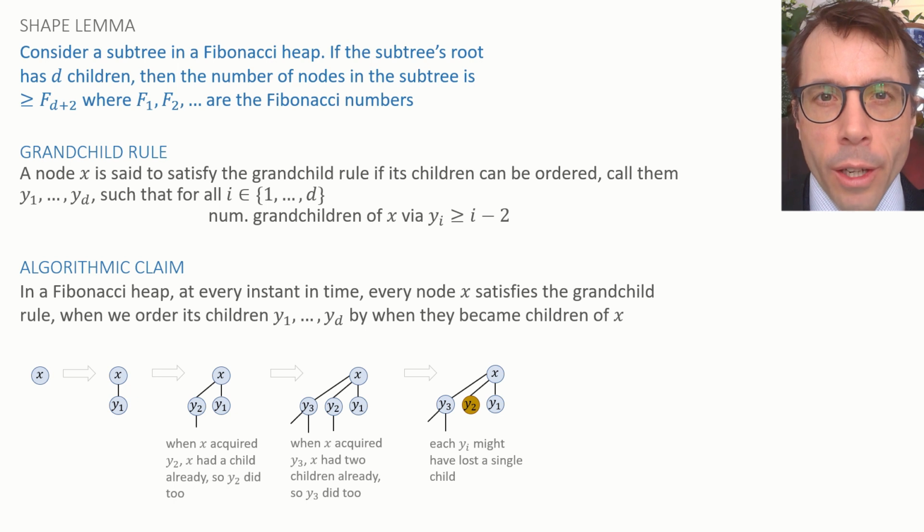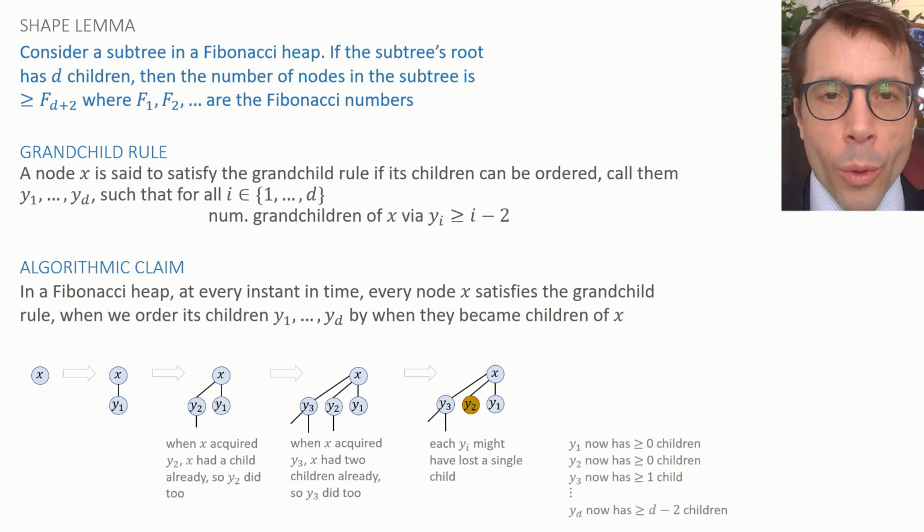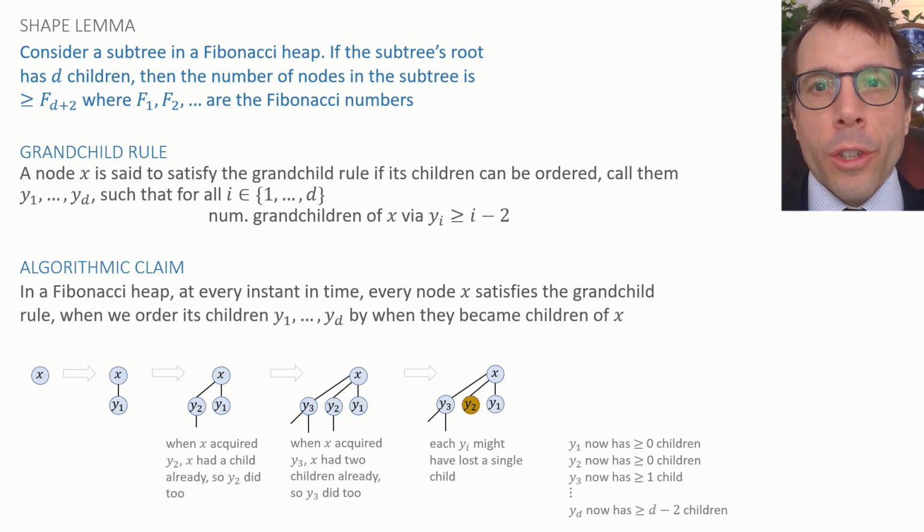So if we're looking at x's children, we're looking at the yi that haven't been kicked out, therefore they are not double losers. So we know that each of them can have lost at most a single child. In general, child number i must have had i minus 1 children when it was merged, and it can have lost at most 1. Therefore, yi has at least i minus 2 children.